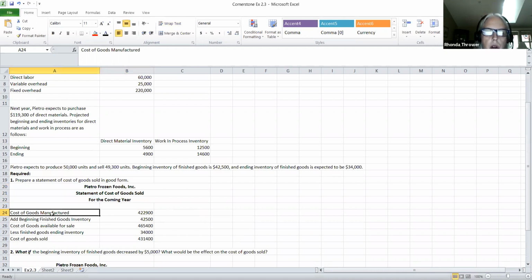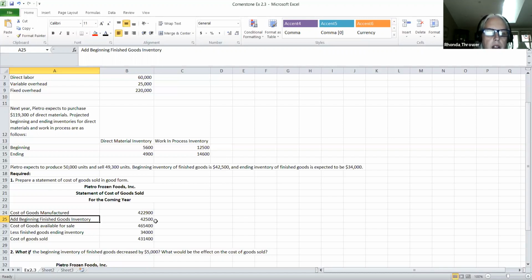We start with our cost of goods manufactured, and the amount was $422,900. We're going to add to this our beginning finished goods inventory. And so you have to look at your instructions to see where the finished goods inventory is. The beginning inventory is $42,500.